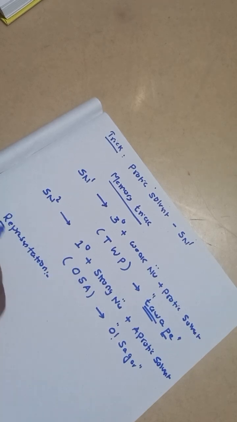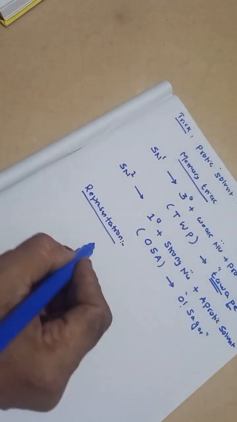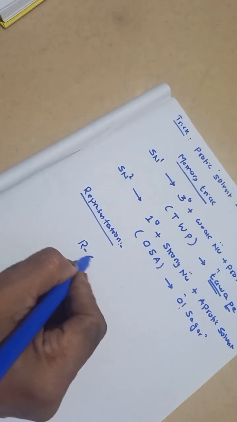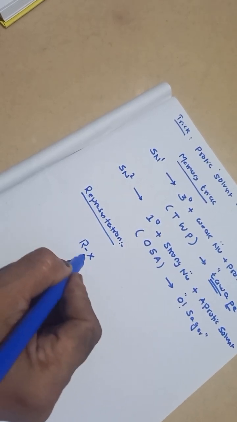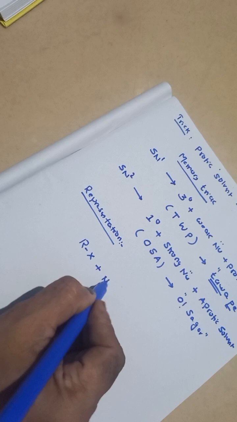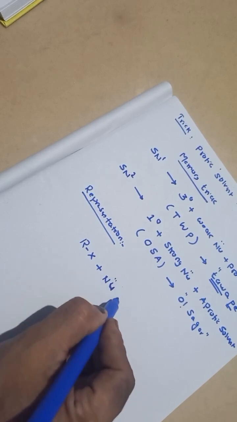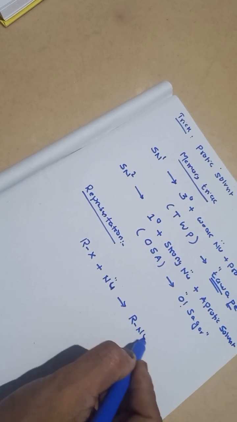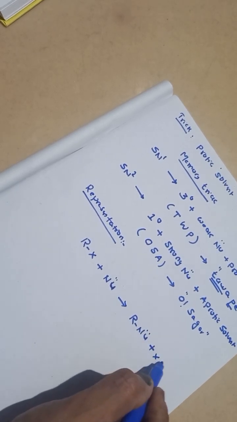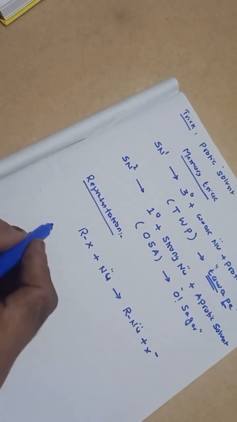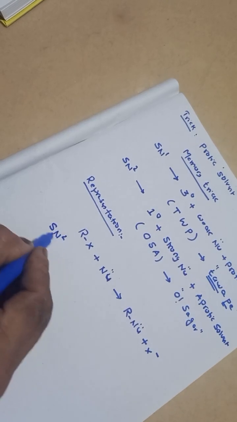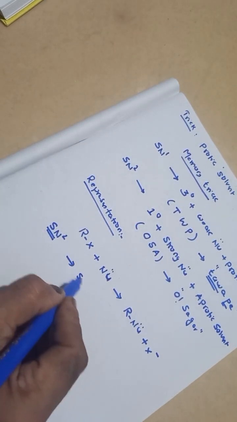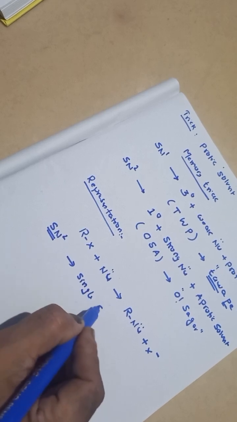How can it be represented? It is represented as R X, alkyl halide, where R is the alkyl group and X is the halogen, plus Nu, that is the nucleophile, gives rise to R Nu plus X minus. In SN2 mechanism, it is a single step reaction.